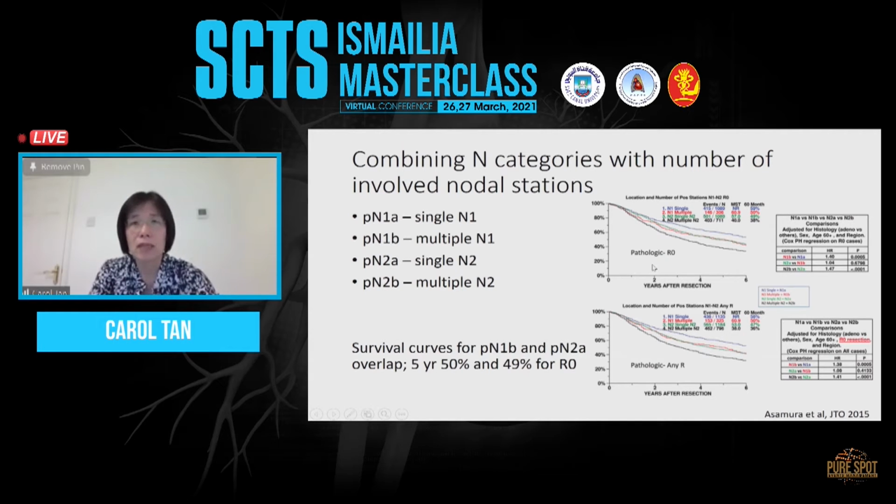mediastinal lymph nodes. And if you look at the survival curve for N1b, so multiple hilar lymph nodes, and single N2, the survival curves overlap. So they're very similar.